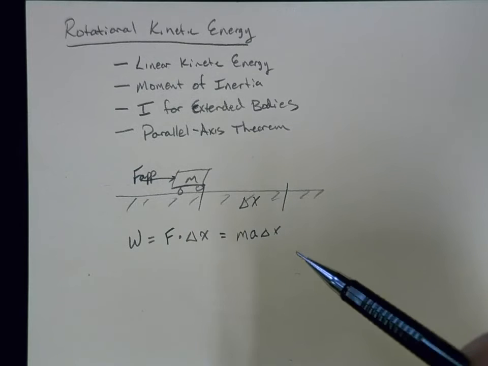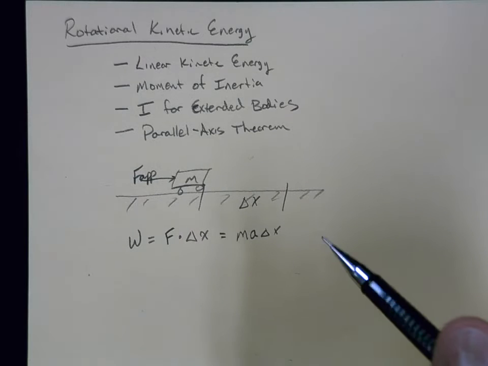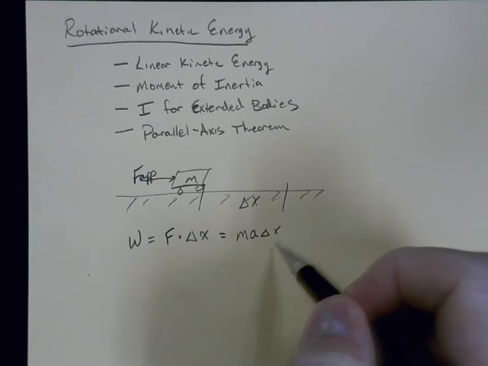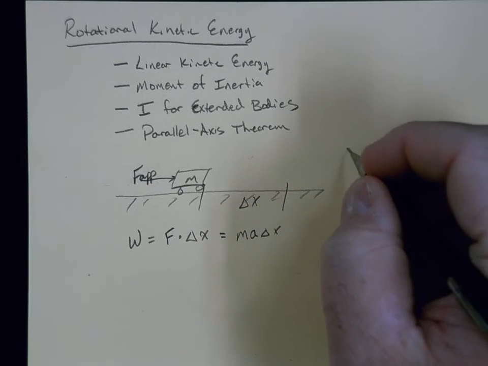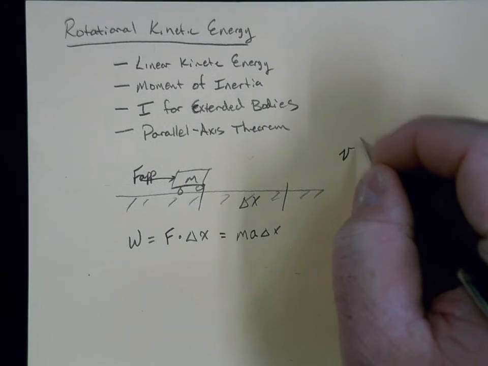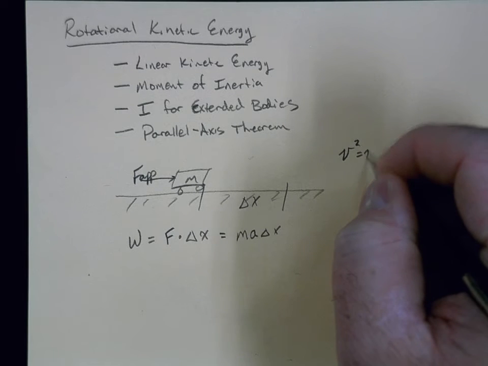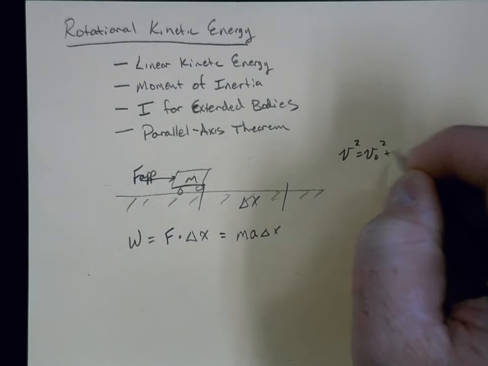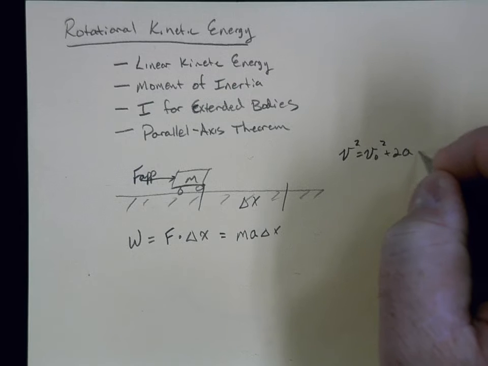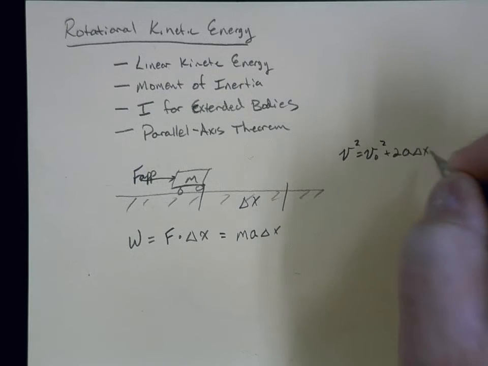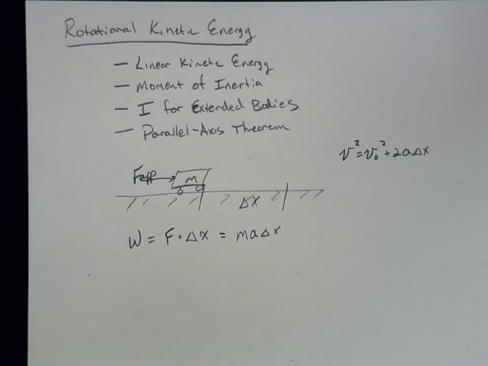Well, we also know that from one of our kinematic equations, we can take this delta x. We remember that v squared equals our initial velocity squared plus 2 times our acceleration times our change in displacement. What we're looking for is a way to relate our velocity to how fast we're going to be going after we do all of this work, because we're going to be exerting a force and accelerating it over this distance.